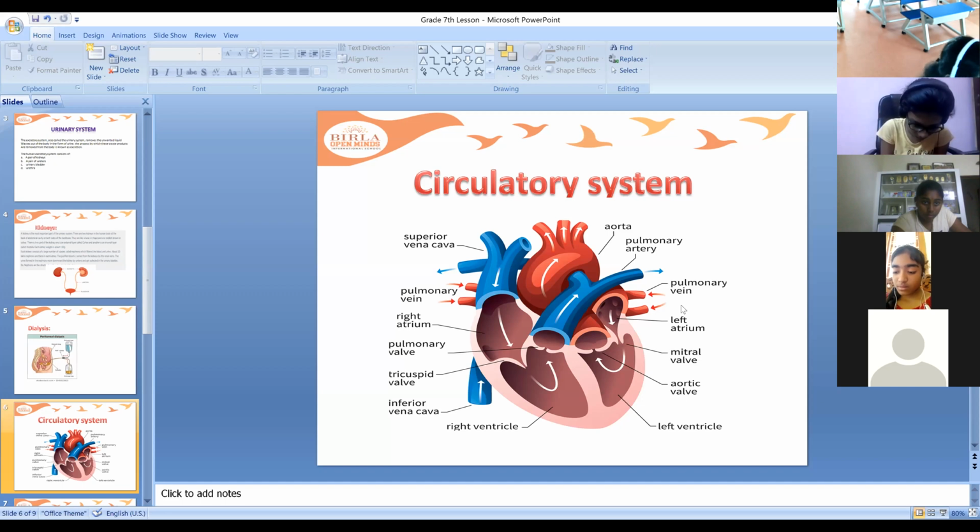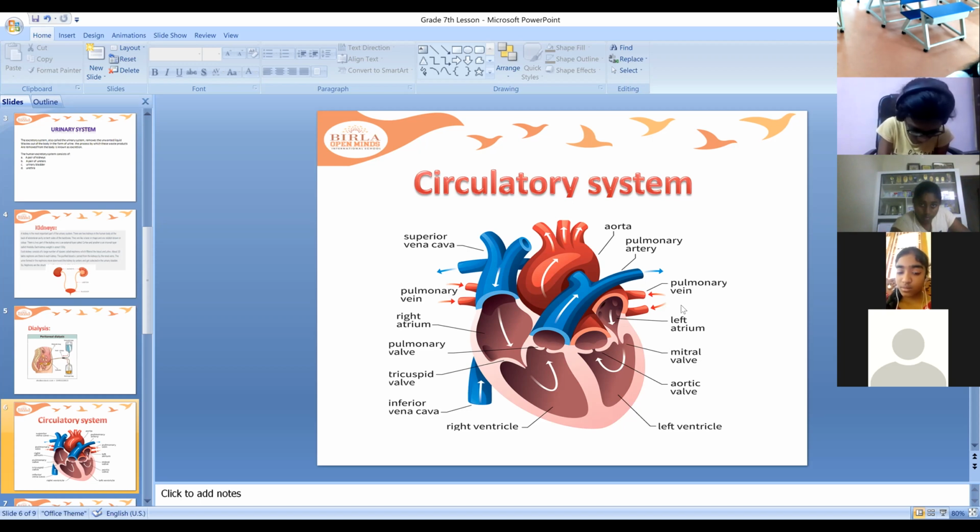So the circulatory system refers to the transport system in our body which carries substances throughout our body, like the blood. The heart pumps the blood throughout the body. The parts included in the circulatory system are the heart, blood vessels, and the blood.